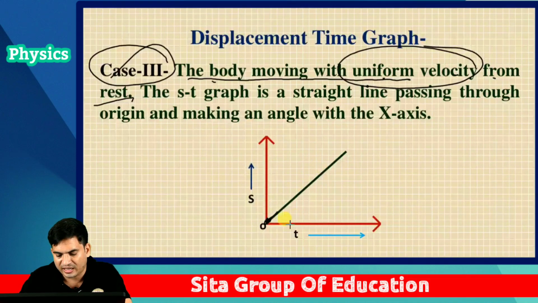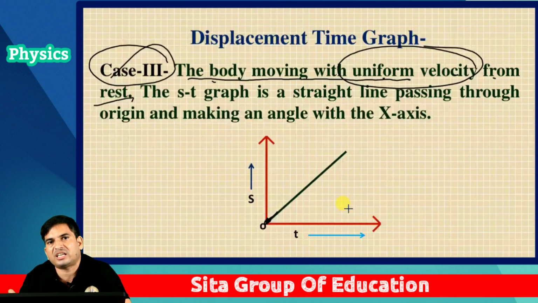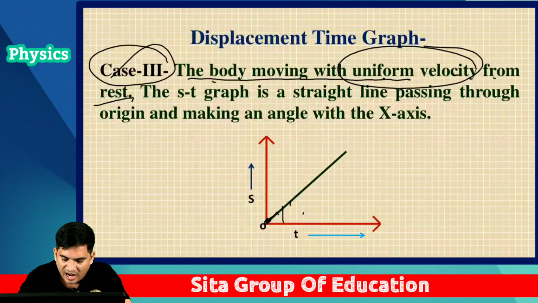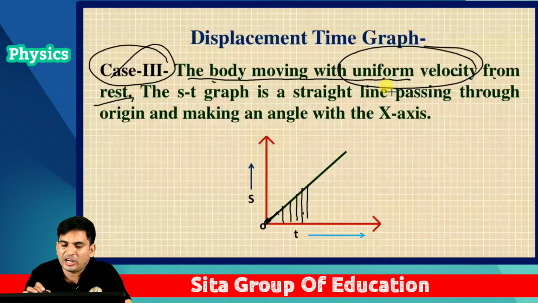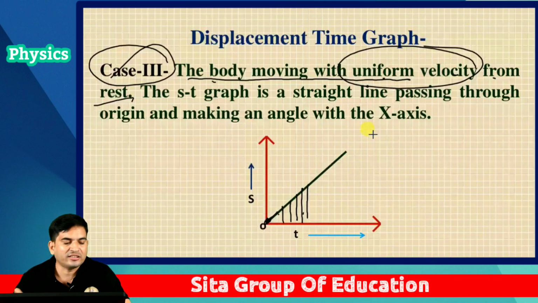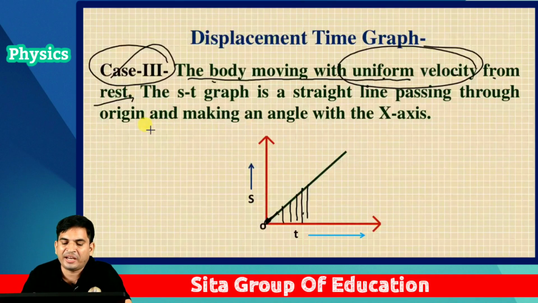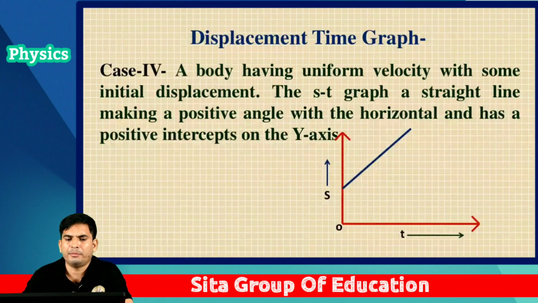From here, time passes 0 to 1, 2, 3, 4, and the position of the object can be this, then this, then this. If you plot a graph, the ST graph is a straight line passing through the origin and making an angle with the axis.